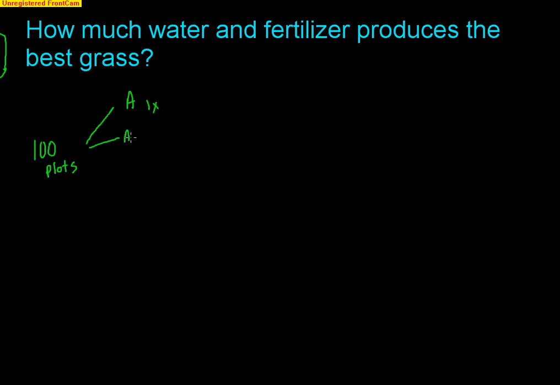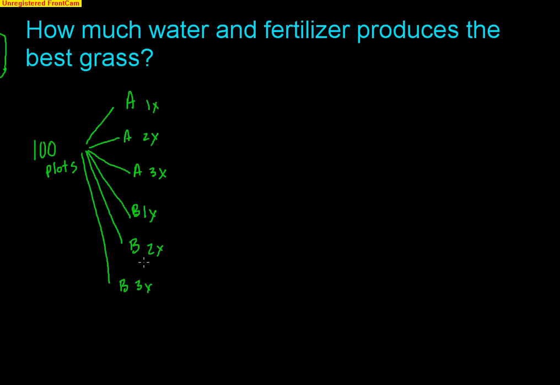Some are going to get fertilizer A, watered twice a day. Some are going to get fertilizer A 3 times a day. Some are going to get fertilizer B 1 time a day. And sorry, this is kind of getting a little bit longer here, but fertilizer B twice a day, and fertilizer B 3 times a day.